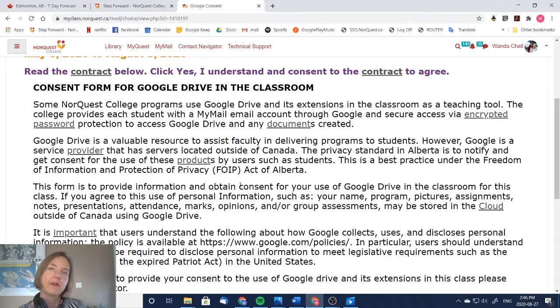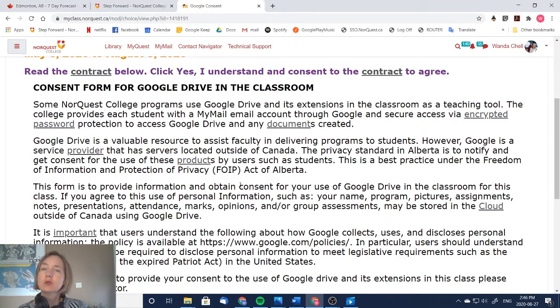So you have a Gmail account that allows you to communicate with the college. We also use Google Forms and quizzes and Google Slides. And your e-portfolio is made using your Google Drive. So Google is a very useful tool for us to use in our learning.